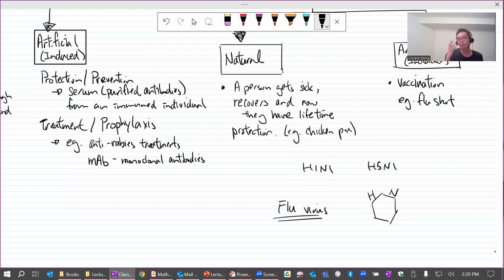So the World Health Organization, I suppose, or the CDC, Centers for Disease Control, have to make a prediction of what the top 3 strains of the flu virus will be in the coming flu season. Then they make their best guess and make the vaccines for those 3 strains. Sometimes they get it right, sometimes they get it wrong. It's just a prediction, right? And in years where they get it wrong, the flu shot is not as effective.